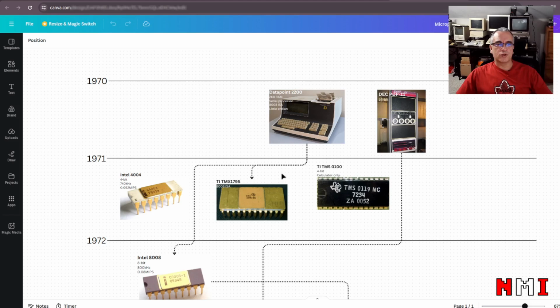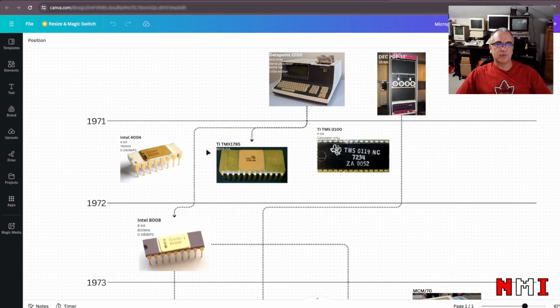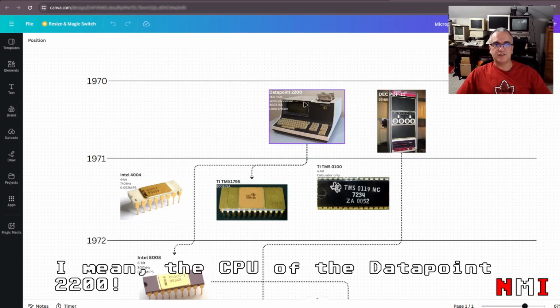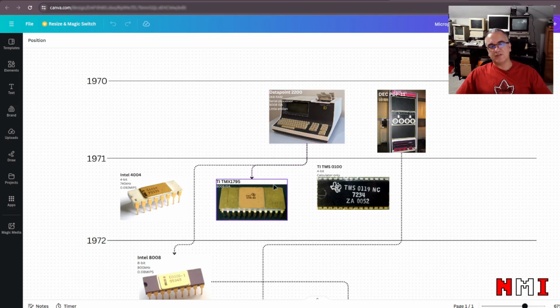So two companies tried to work on that design. One was TI with the TMX 1795, and the other was Intel with the 8008. Both chips were single chip implementations of this Datapoint 2200, right? The TI was not very successful.